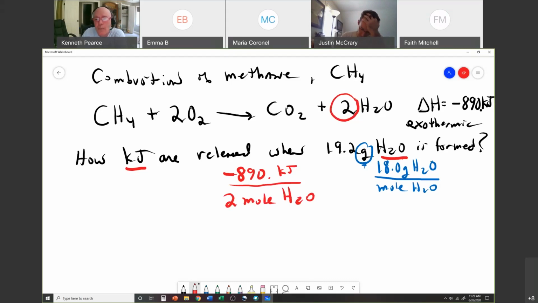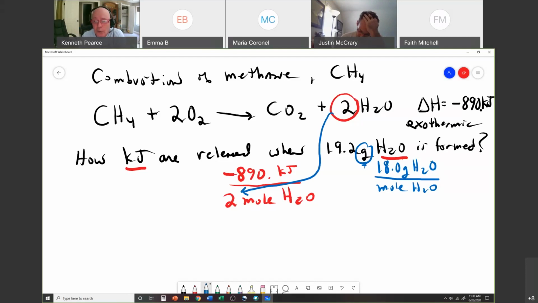It's for the entire balanced equation. So it's for every 1 methane, every 1 oxygen, every 1 carbon dioxide, and every two waters. So if you have 2 up there, you've got minus 890 for every 2 moles H2O. So this 2 has to end up over here.